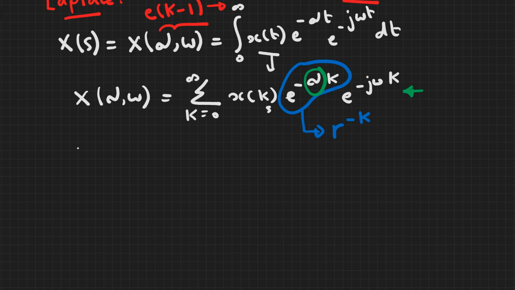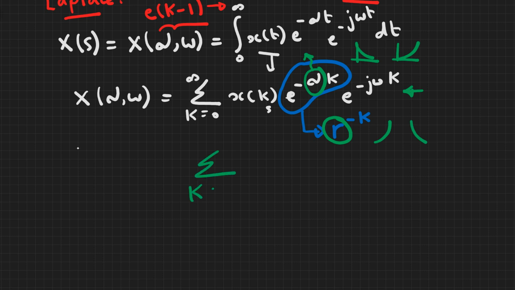In the continuous Laplace transform, the variable sigma indicates how fast the exponential decays or increases. Here, instead of sigma, we have the variable r. The magnitude of r will indicate whether the exponential will increase or decrease.